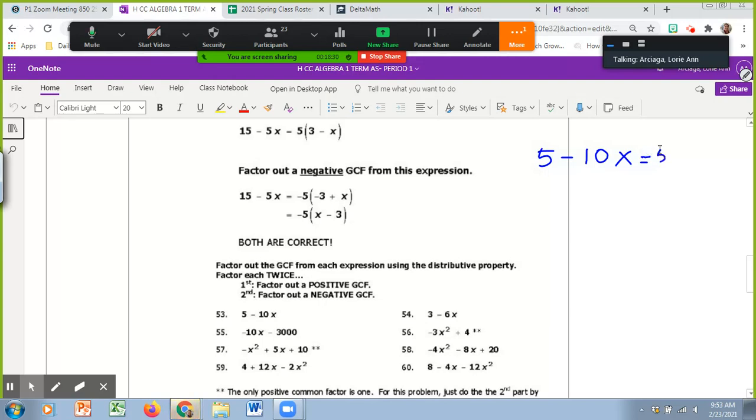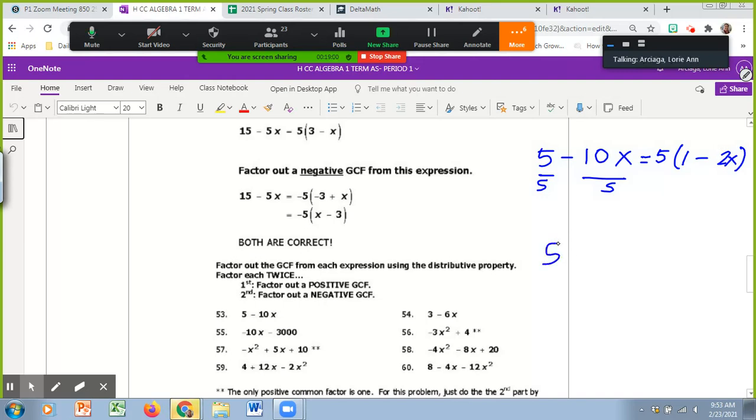So if you factor out 5, what will be the remaining factor here? So what's 5 divided by 5? 1. Minus, what's 10x divided by 5? Try again. Negative 10 divided by 5. 2, okay, good. Minus 2x.